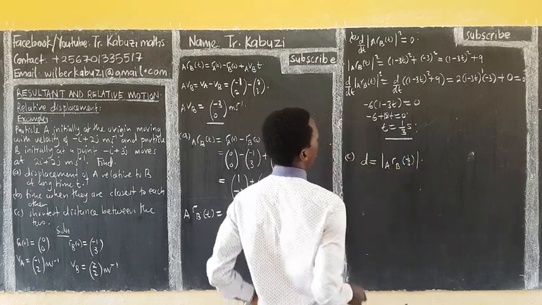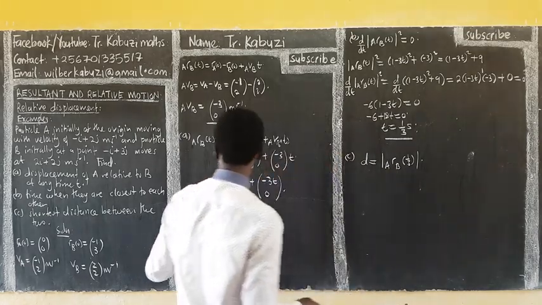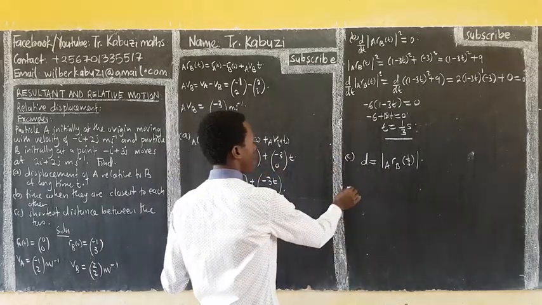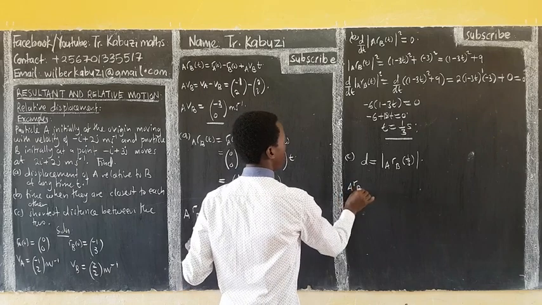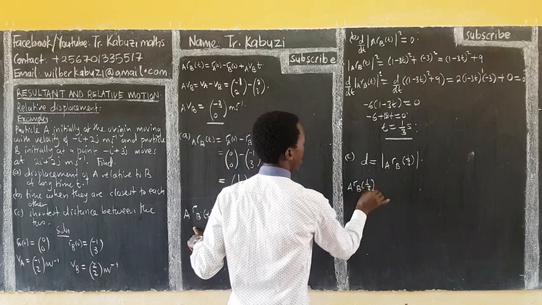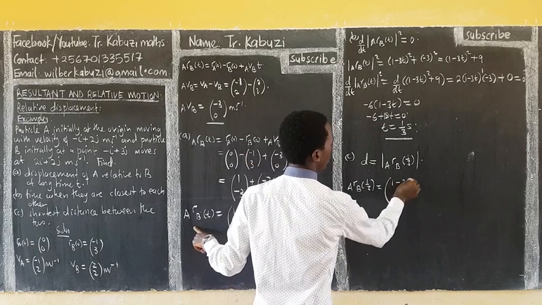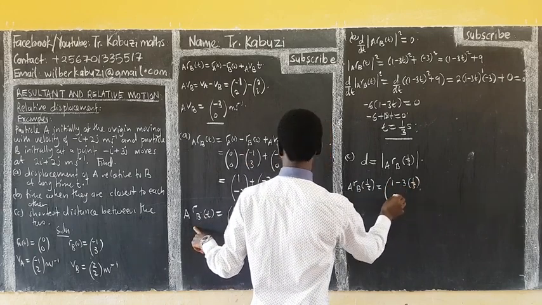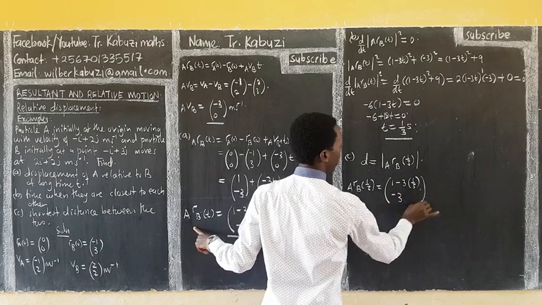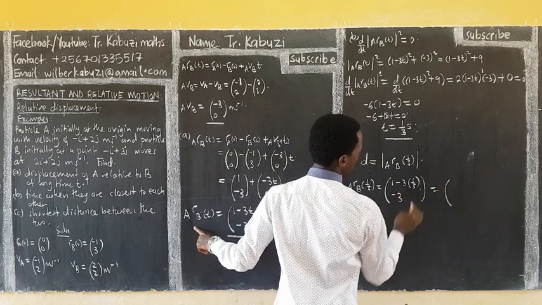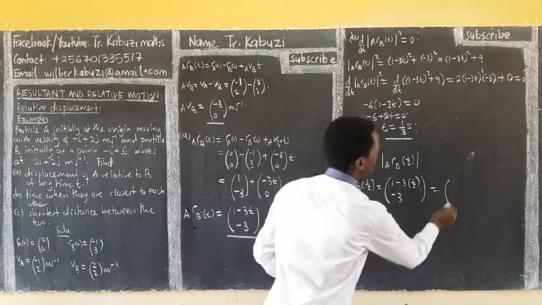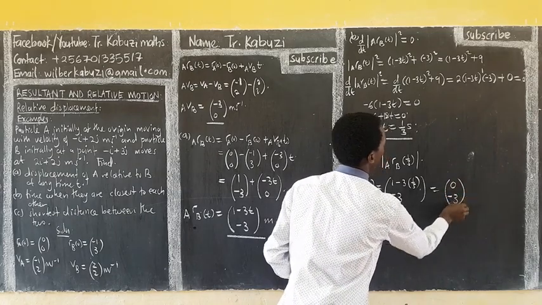First of all, we put a third into this. So it is 1 minus 3 into a third, then negative 3, which will give us 0, negative 3.